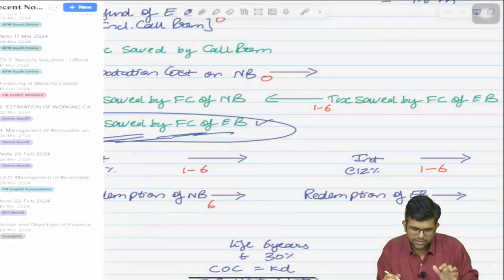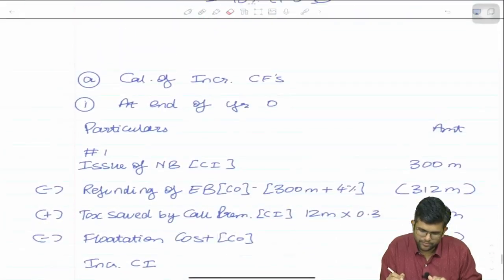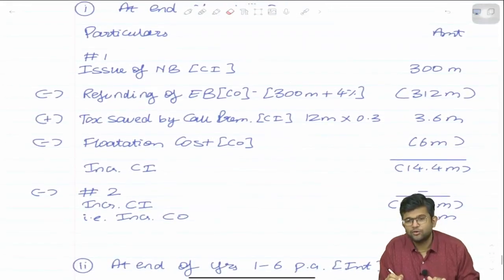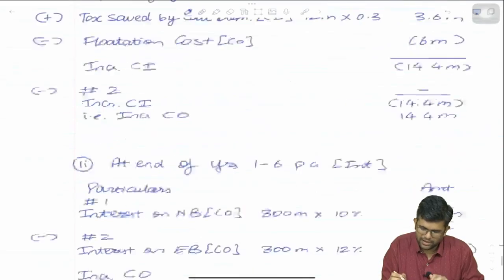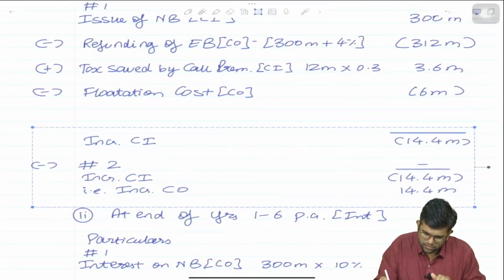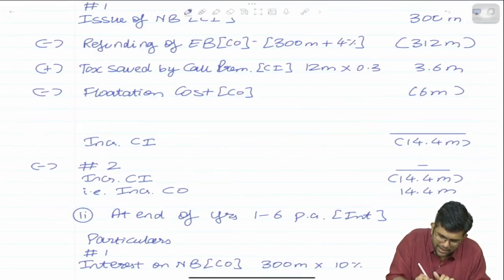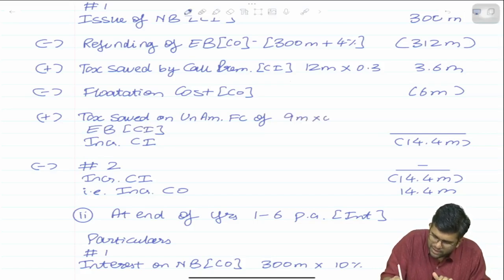Now I have to put that into consideration. I will go to year 0, and in story number 1, I'll write: add tax saved on unamortized flotation cost of existing bond, 9 million into 0.3.